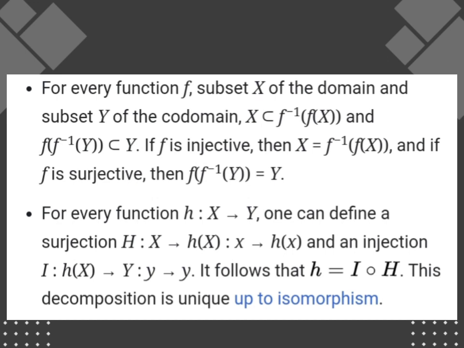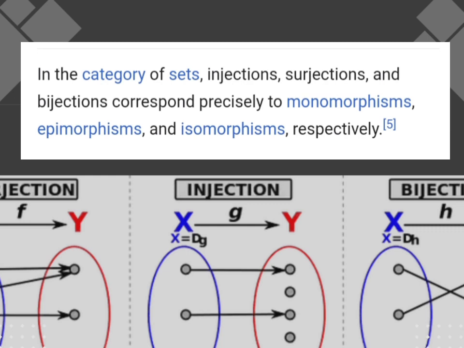It follows that h equals I times H. This decomposition is unique up to isomorphism. In the category of sets, injections, surjections, and bijections correspond precisely to monomorphisms, epimorphisms, and isomorphisms, respectively.